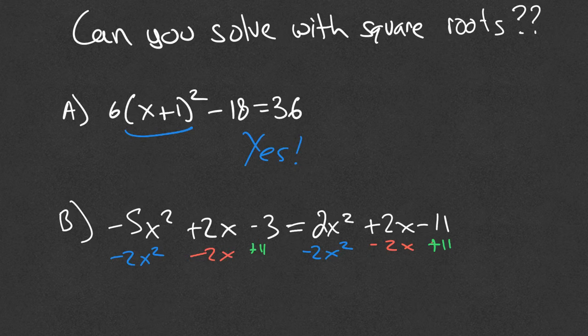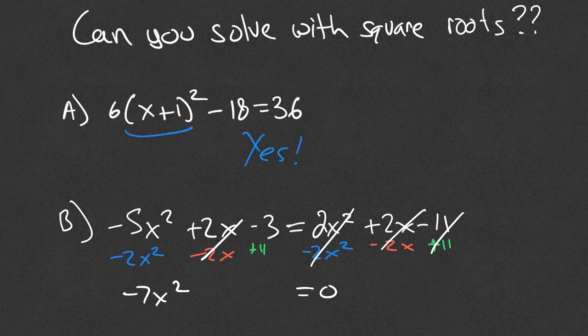Okay, so let's see what we did here. That's going to cancel, that's going to cancel, that's going to cancel. So I know I'm still going to get equals 0. Here I get negative 7x squared, that cancels, plus 8 equals 0. So guess what? I have no x term in this problem. So here's another one where the answer is yes. I could solve it with square roots.